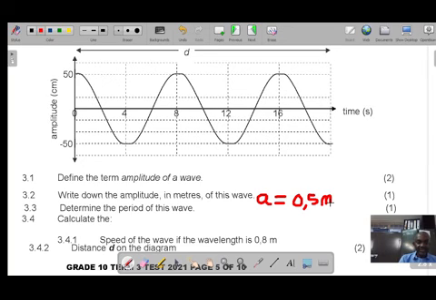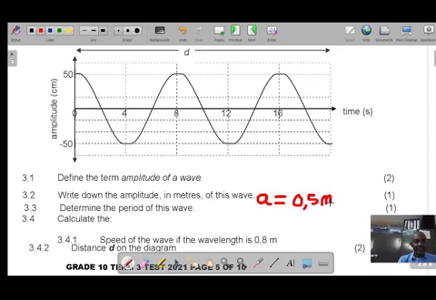Determine the period of this wave. So what do we do here to get our period? How to find the period of this wave?